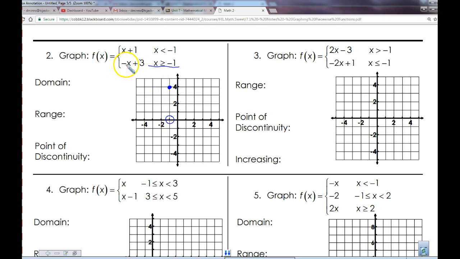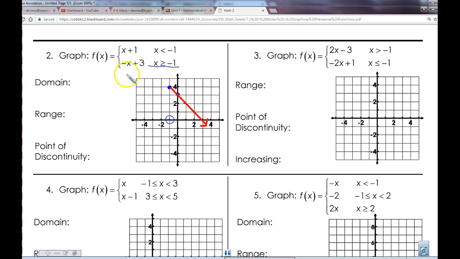Well, it's negative 1. So wouldn't I go down 1 and over 1 to find my next point? Down 1 over 1, there's another one. Down 1 over 1, there's another one. So there is my piece that goes on the right-hand side. And it goes out this way, and we know that it goes on, because it tells us x is greater than or equal to negative 1, it officially goes on forever and ever. So one side is done.